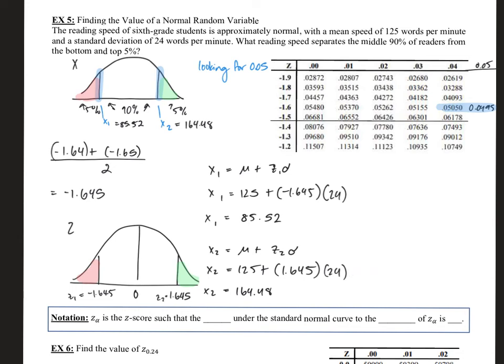All right, so for my actual answer here. We were saying the x sub 1 was 85.52, and those are the students that are in the 5th percentile.